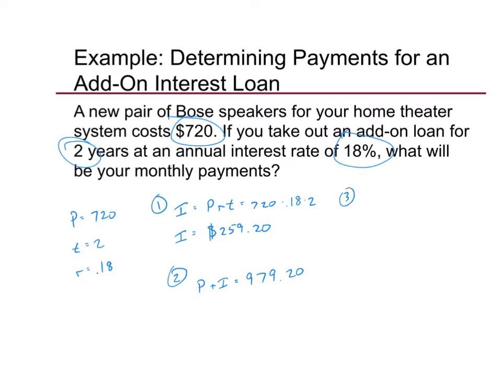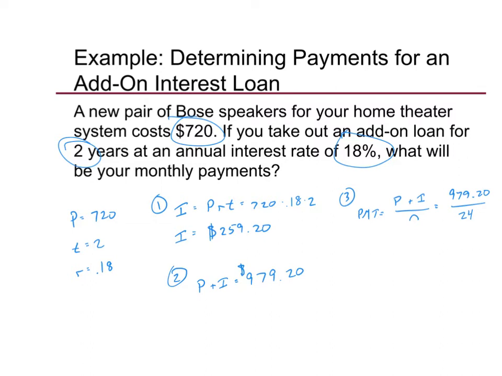Step 3, we find our monthly payment. Our monthly payment is P plus I divided by N. N is not 2 years, we're making monthly payments, so we'll take our 979.20 divided by 24 payments, right? 24 payments is 12 months times 2 years.